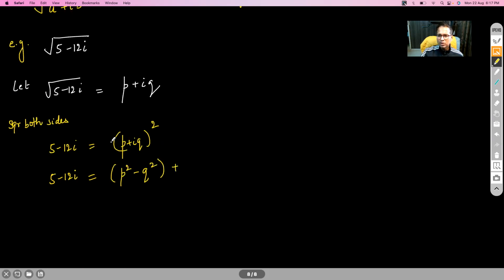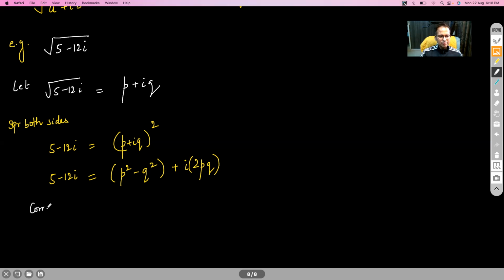And you'll end up getting 2piq, which is i times 2pq. I have written real and imaginary parts separately so that we can now compare the left hand side and the right hand side. By the way, so far so good? Any concerns here, anybody? We are basically looking for the values of p and q, and in light of that, I am doing this operation.